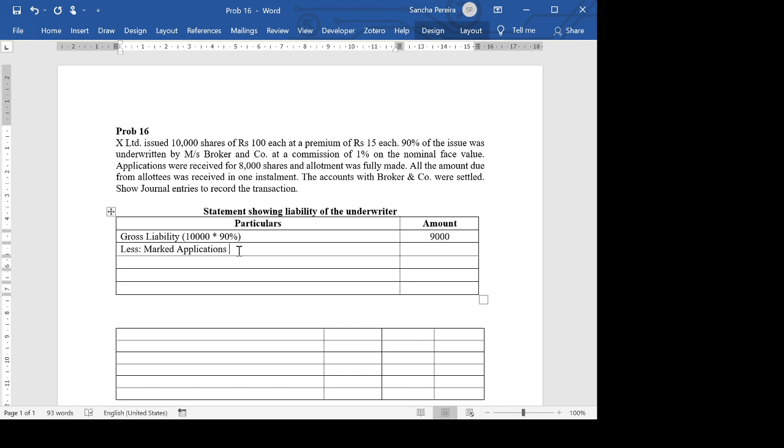So when marked applications are not given, this is the way we find out marked applications.